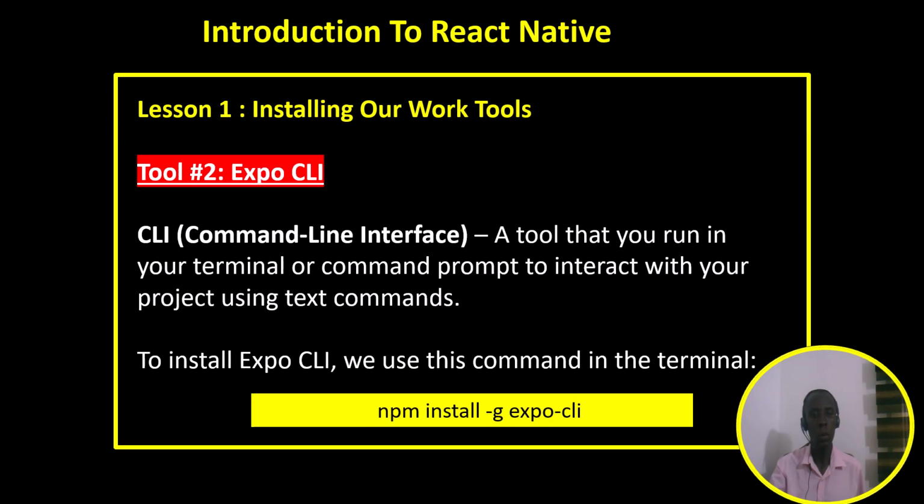The second tool that we're going to be making use of in our mobile app development is Expo CLI. The full meaning of CLI is command line interface. It is the tool that allows us to run commands on our command prompts or on our terminals in our mobile app development.